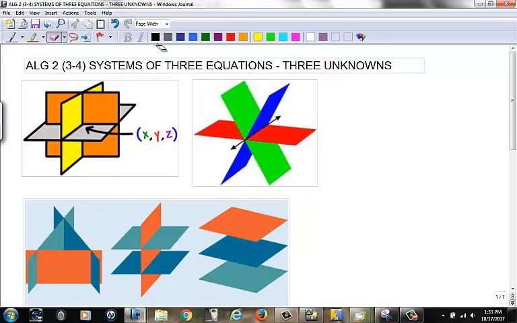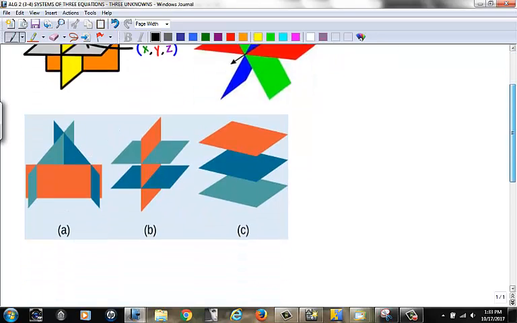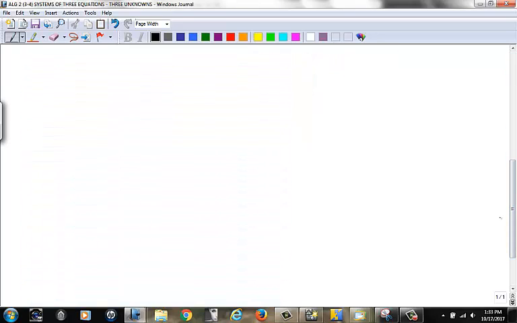Okay, so I'm going to take you through one example, but I'm going to work it two different ways. You actually have done this on two equations, two unknowns. We're just going to extend it to three equations, three unknowns. So we're going to solve it algebraically, and I'll take you through two methods.